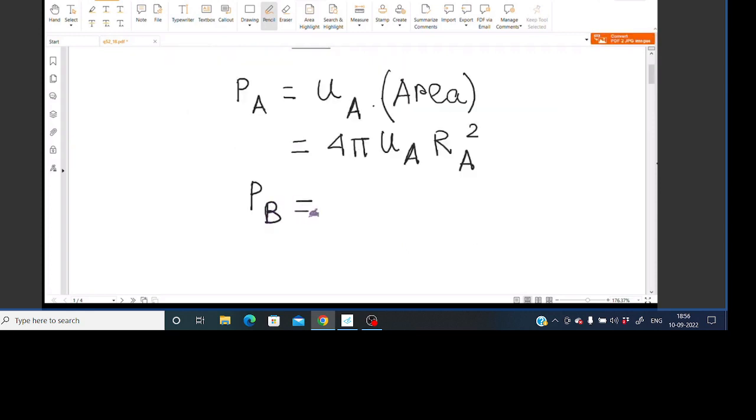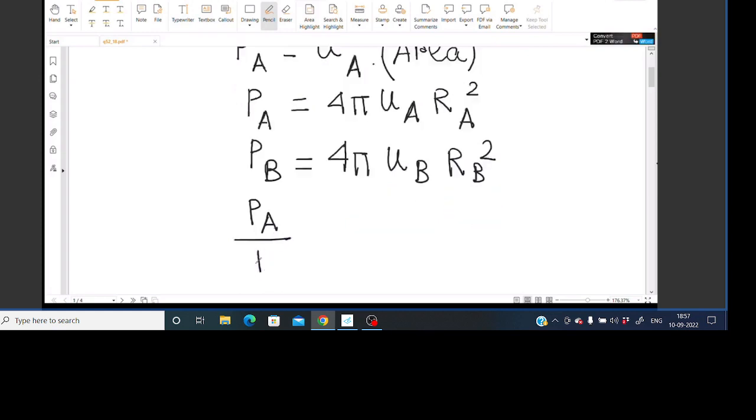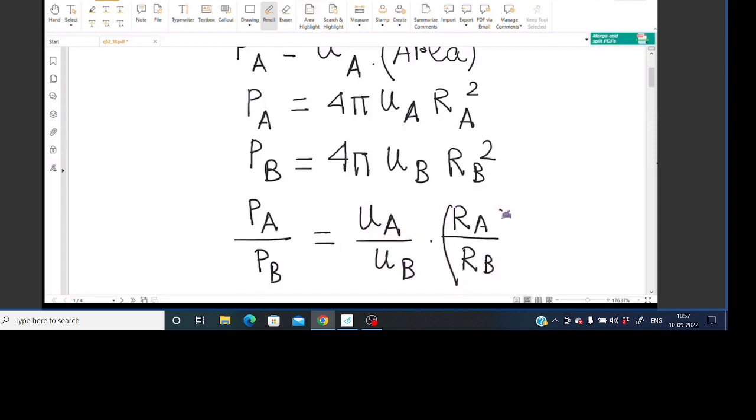Similarly, the rate of heat radiated from B is equal to 4 pi UB RB square. Thus, PA by PB equal to UA by UB into RA by RB whole square.